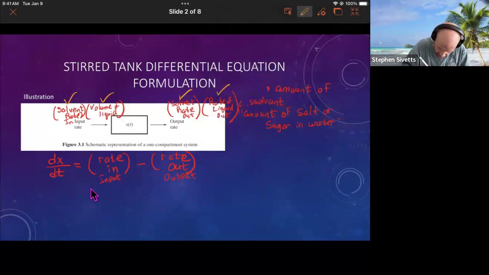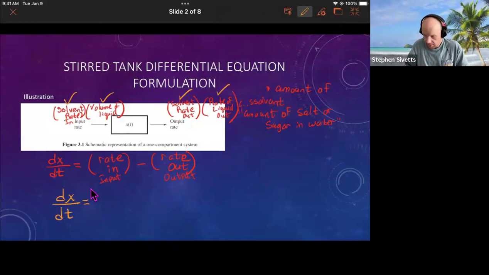So the formulation of the differential equation of a stirred tank, right?